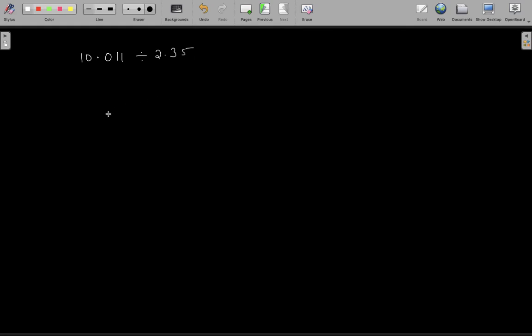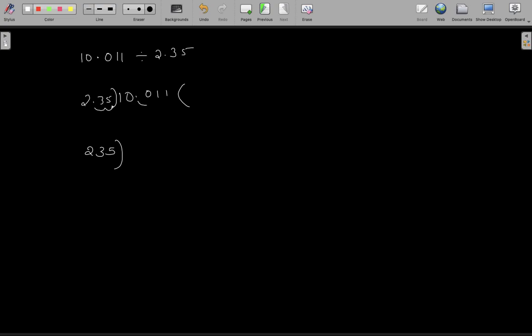Now how do we do this? We have 10.011 divided by 2.35. I want a whole number divisor, so I should have it as 235, isn't it? So my decimal point has to move two positions towards the right.